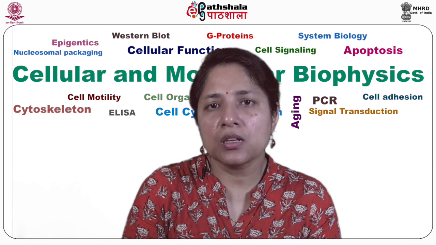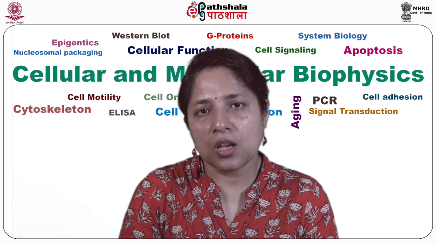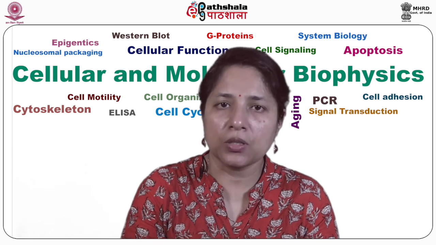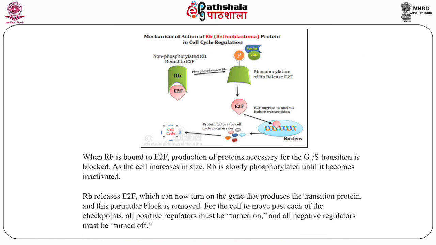Transcription factors turn on specific genes, allowing the production of proteins encoded by that gene. When RB is bound to E2F, production of proteins necessary for G1S transition is blocked.